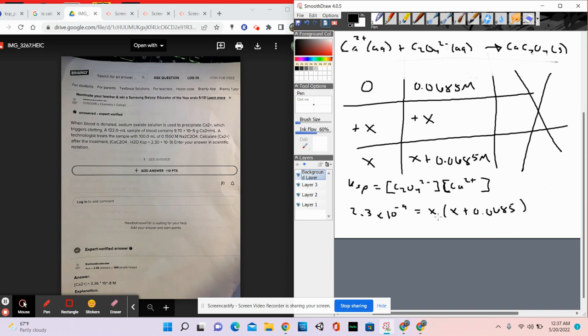Now, all that's needed is algebra in this part. I'm not going to do that right here. It's just a lot of work and I don't have enough space.